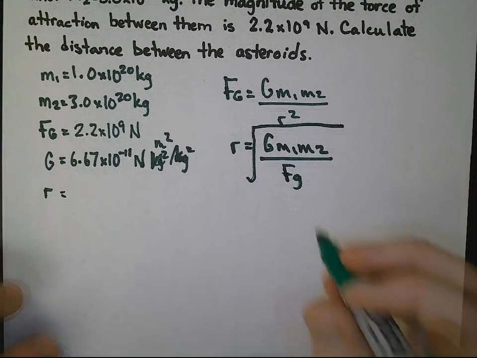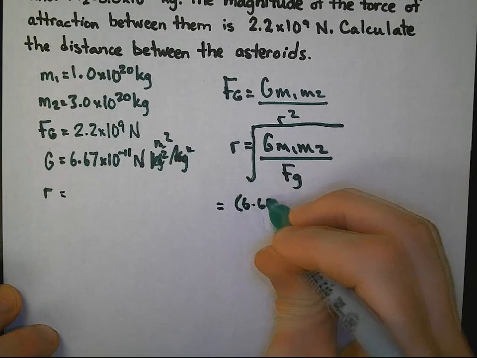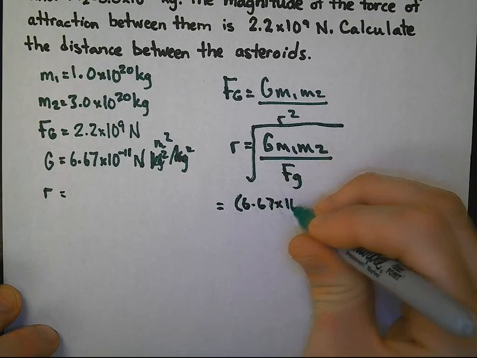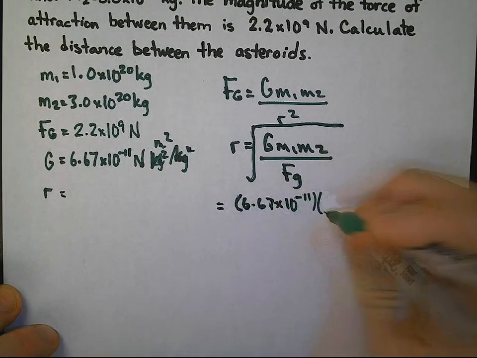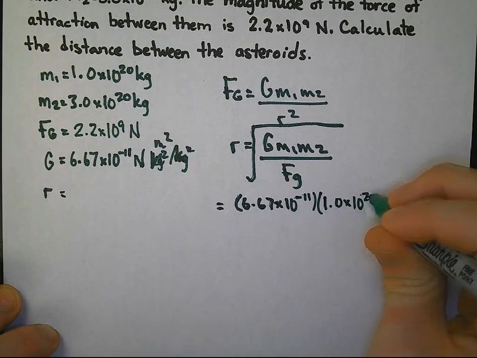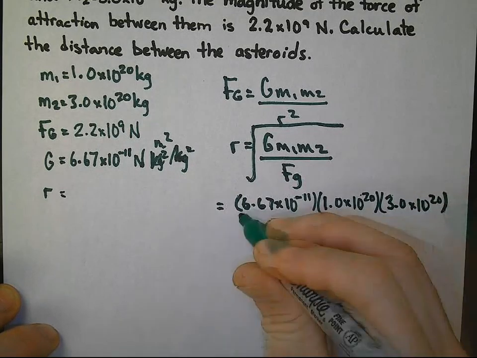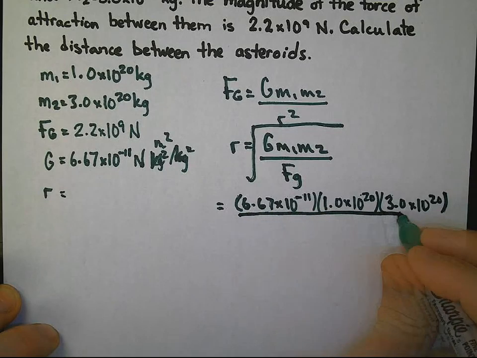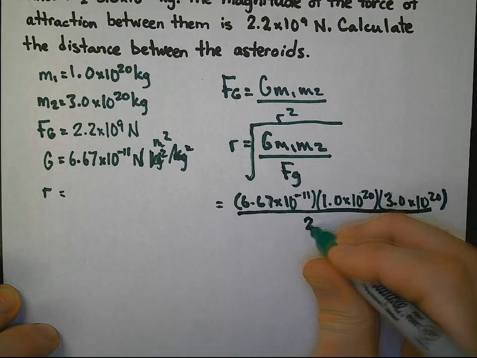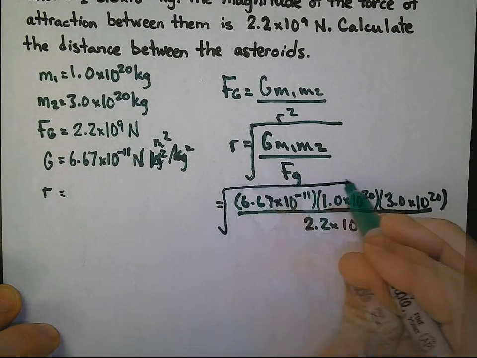So that will be equal to 6.67 times 10 to the negative 11, times 1.0 times 10 to the 20, times 3.0 times 10 to the 20, and all of that must be divided by 2.2 times 10 to the 9 and square rooted to calculate the distance between these two asteroids.